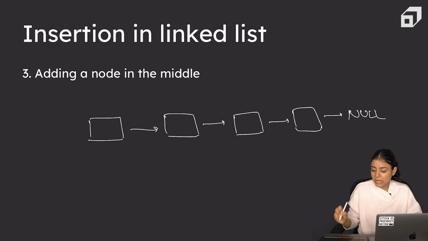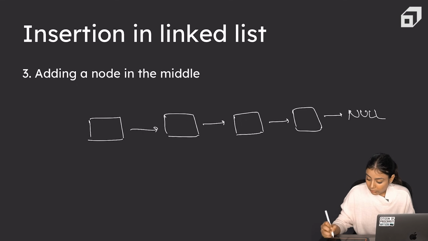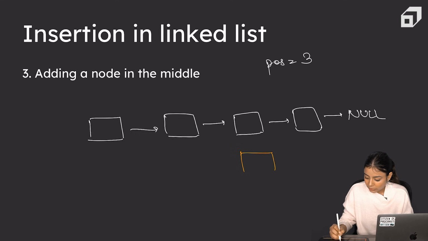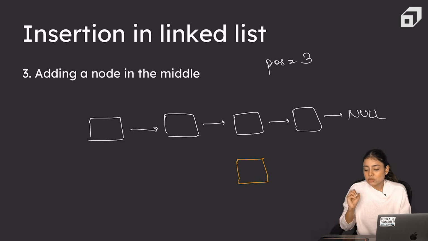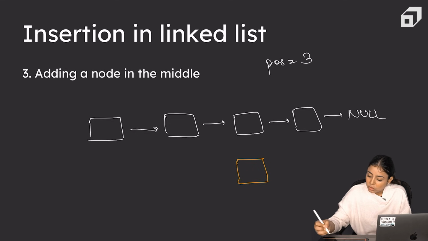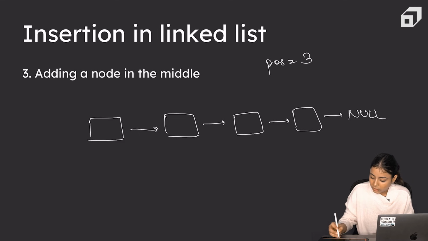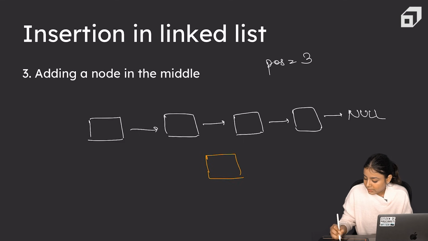So for example, if this is my linked list, and I'm being told to add a node at position 3, so this is where I need to add my new node at position 3. Let me draw it in the middle, so it's easier to imagine. This is position 1, 2, and I want to make this 3.